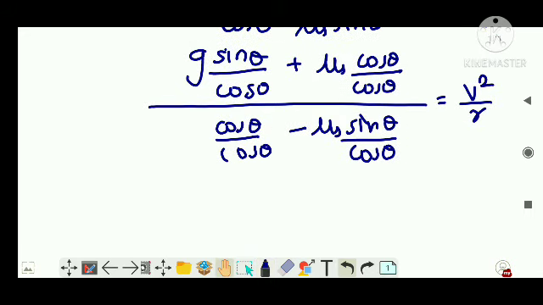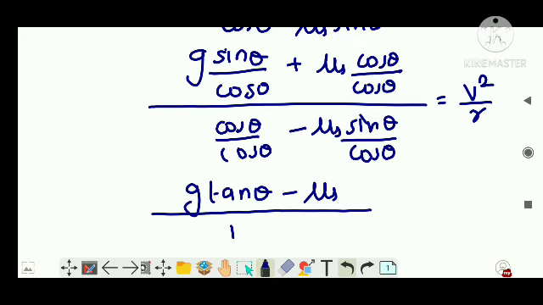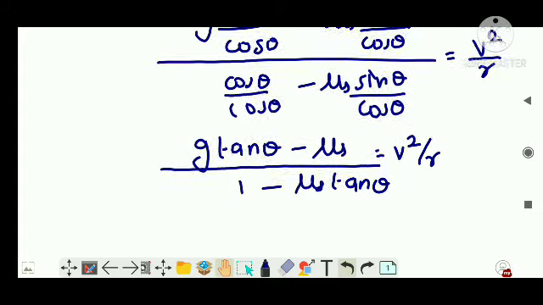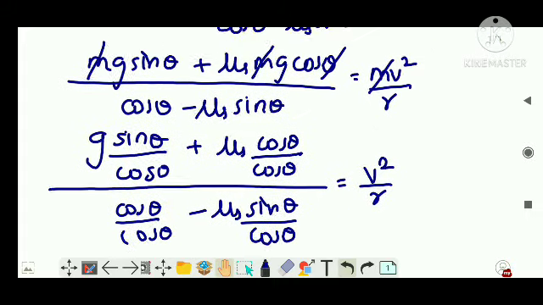What is sin by cos? Tan. So it becomes g times tan theta plus mu s, cos theta cancels, over 1 minus mu s tan theta. This is equal to v squared by r. Clear? Right. Did I miss something?